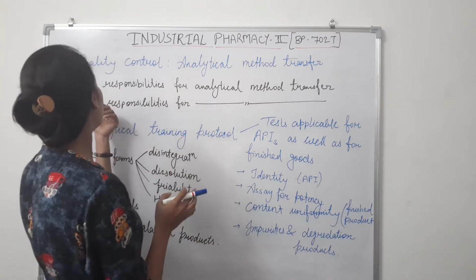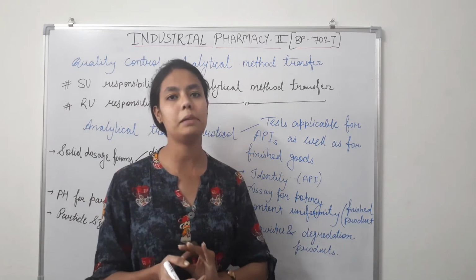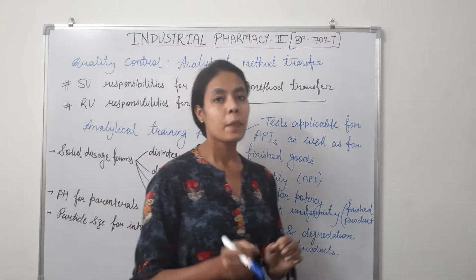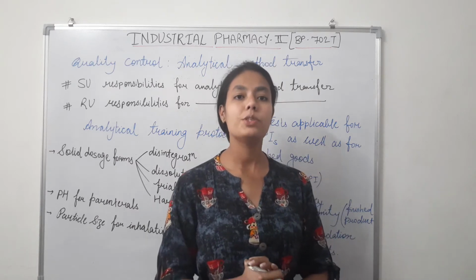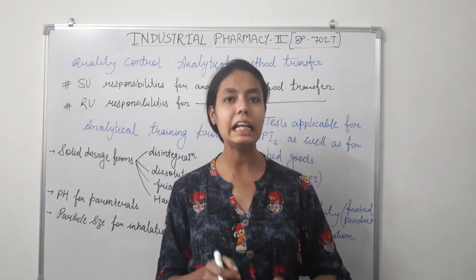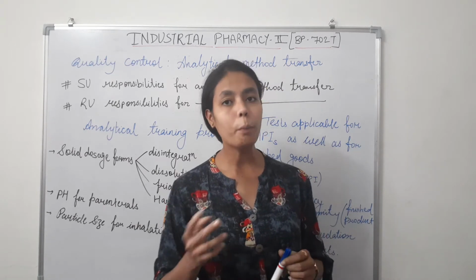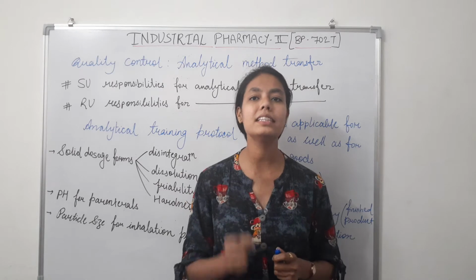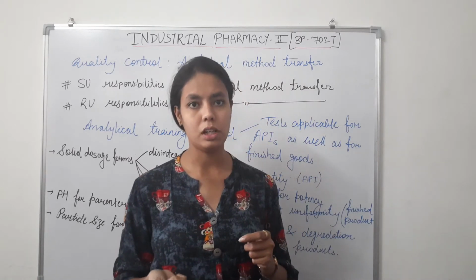Let's come to the receiving unit responsibilities for a successful analytical method transfer. The receiving unit should review the analytical method provided by the sending unit and formally agree on the acceptance criteria before the execution of the transfer protocol.